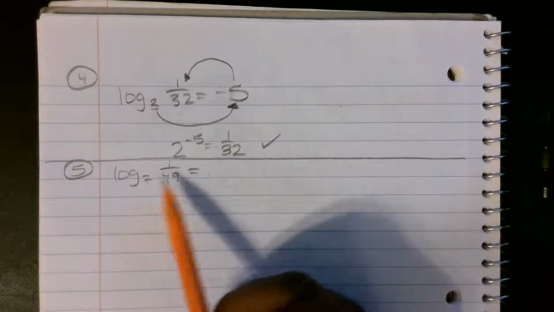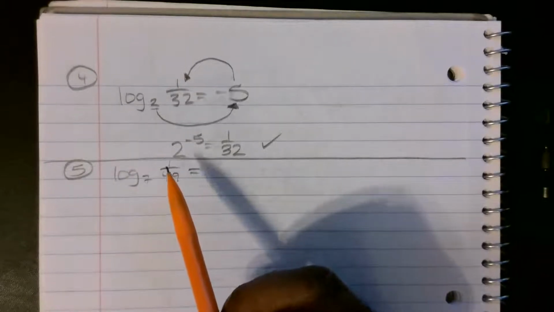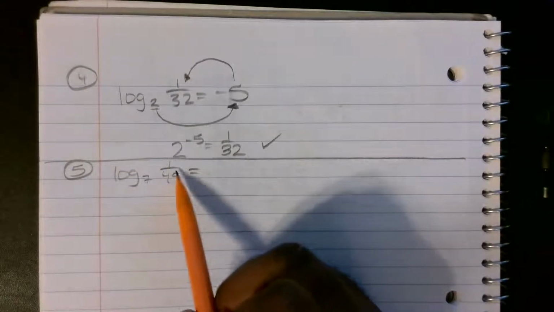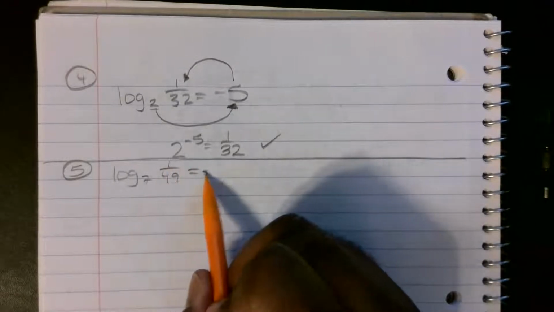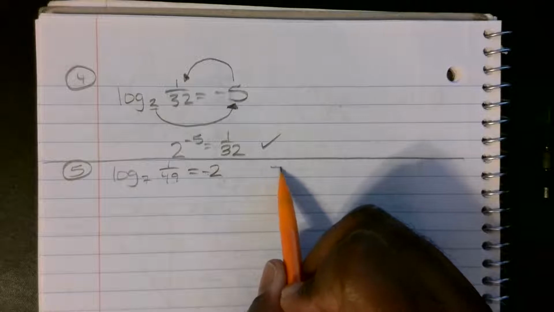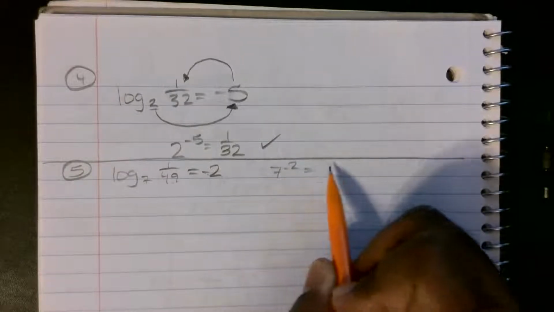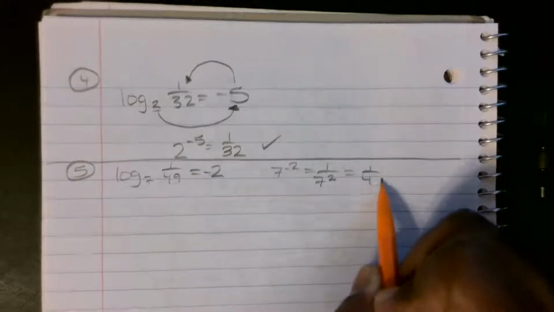But it can't be 7 squared because it's 1 over 49. You also know that negative exponents flip it and make it underneath 1. So this would be -2, because 7 to the -2 is equal to 1 over 7 squared, which is 1 over 49.